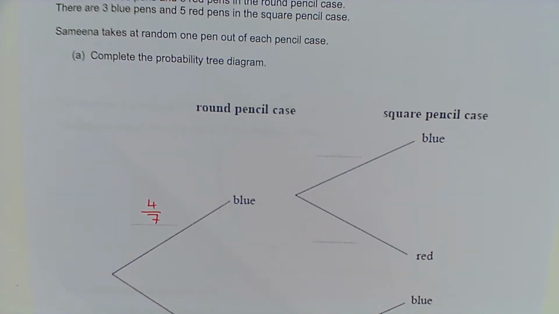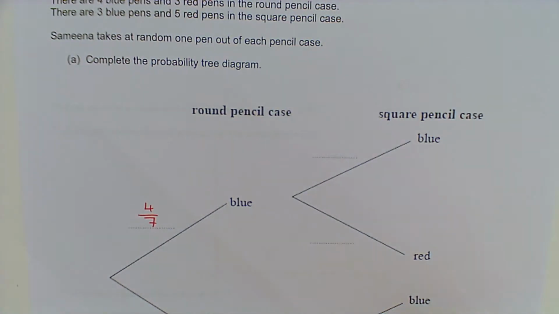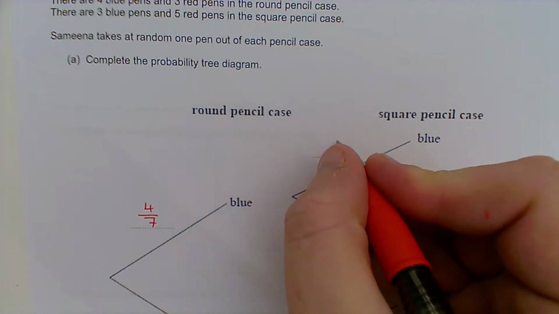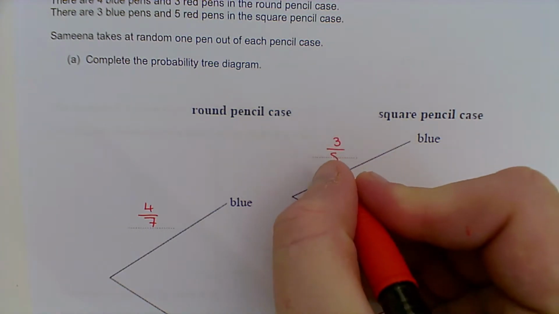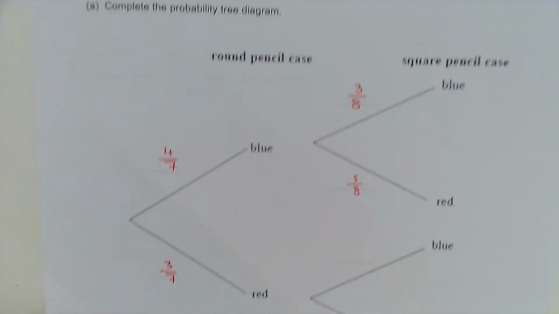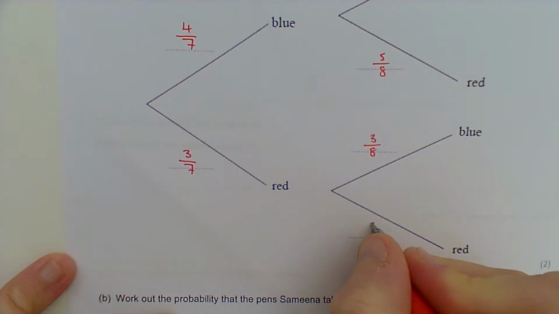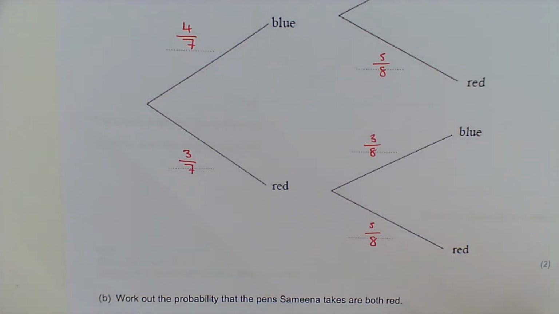Okay. There are 3 blue and 5 red, so there are 8 in the square pencil case. So 3 out of 8, 5 out of 8, and again it'll be the same at the bottom. So 3 out of 8, 5 out of 8.